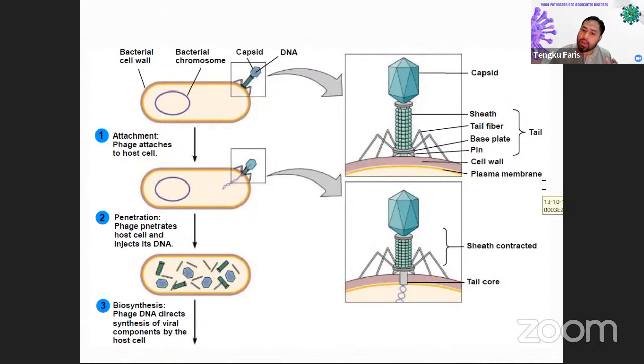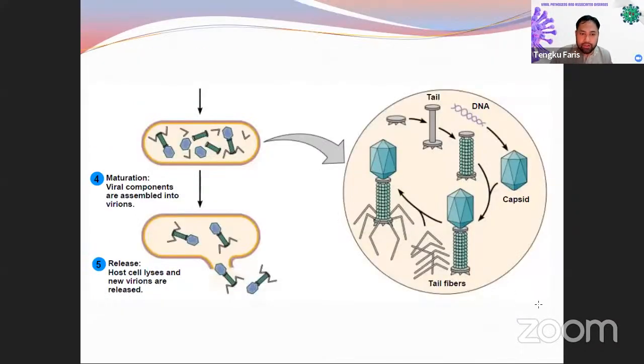So it's not invading the whole system, because it's quite big for the virus to enter the bacterial cells. So instead, they just give the DNA component. And after that, there is lots of information in the DNA, because DNA can produce the capsid, the DNA can produce tail fibers, all the important components of the bacteriophage.